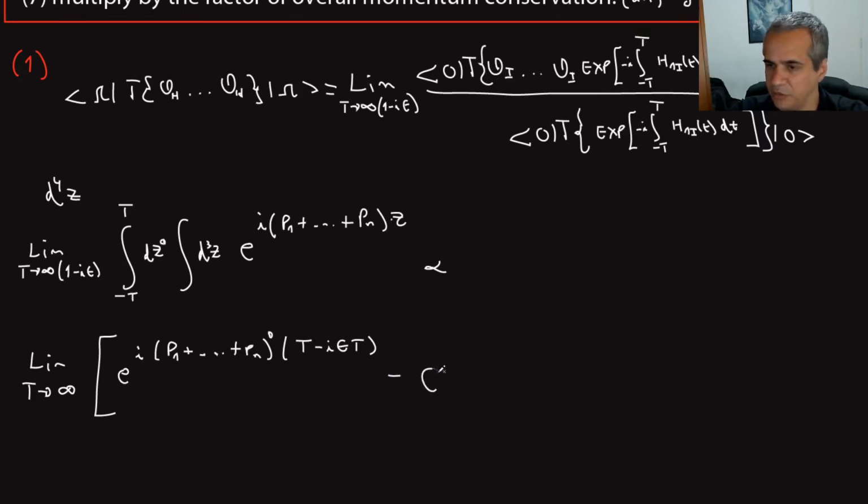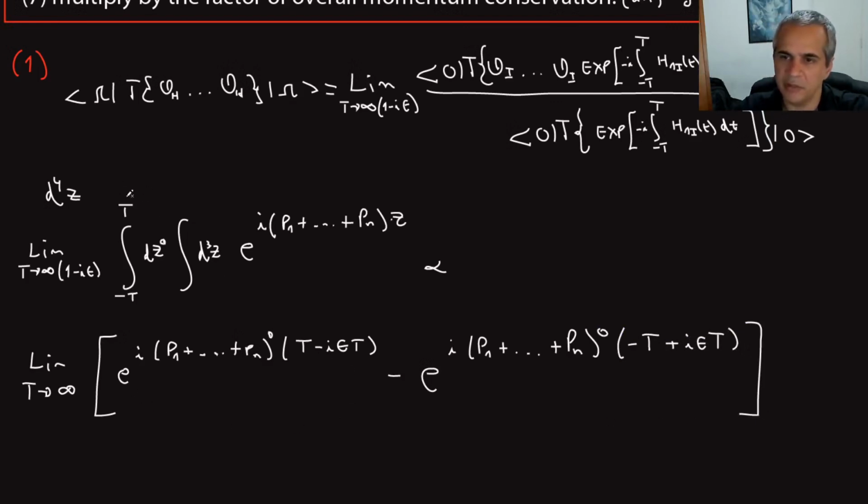I have the other part, which is just i p1 ... pn 0 minus t plus i epsilon t. This is the upper limit of the integral, this is the lower limit, and I rewrote the limit of t just to make things easier to manage.